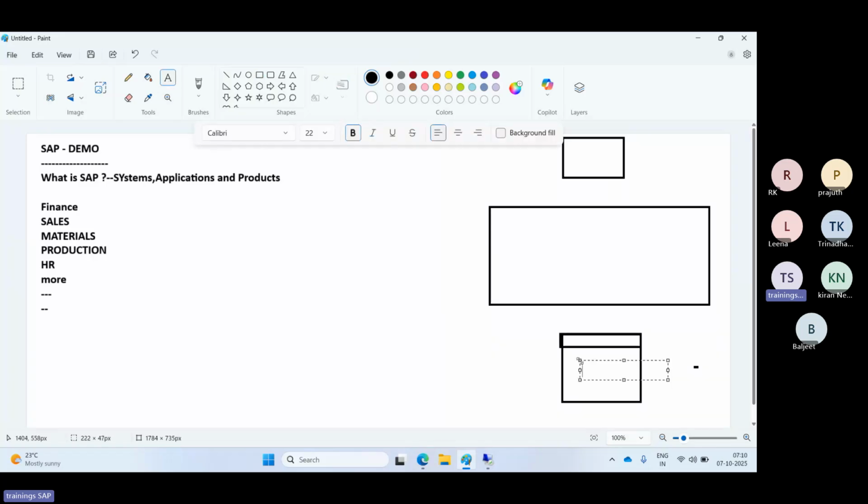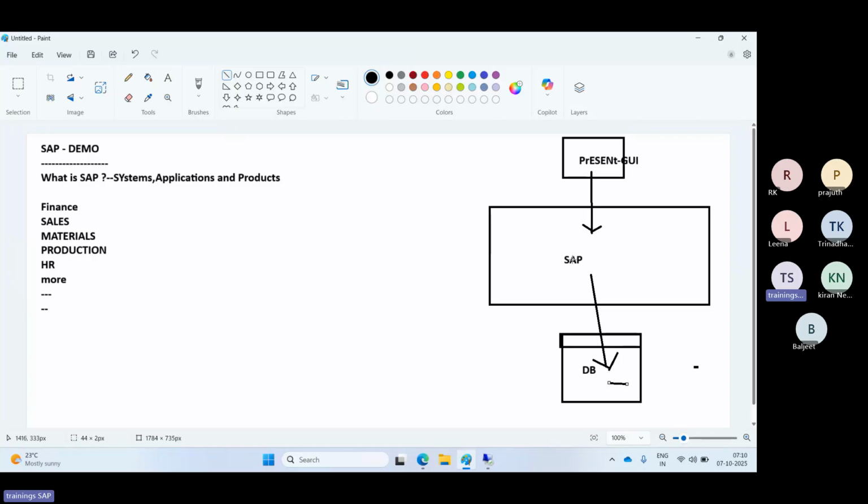This is the DB layer, this is the SAP application layer, and this is the presentation layer, where your GUI and everything will be. Through the presentation layer, you launch the SAP application. Then SAP stores the data and tables, everything, at the database level.